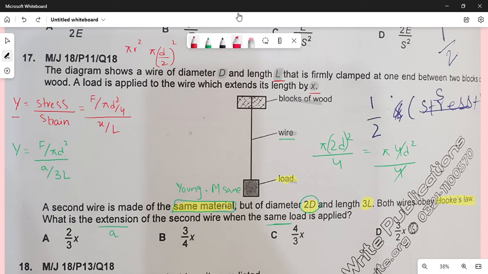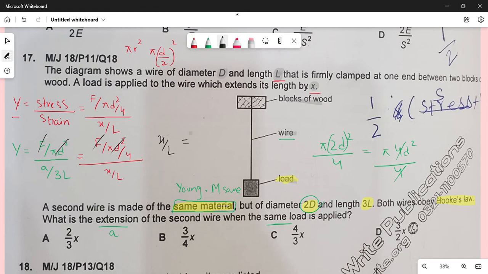I can write it as F over pi d squared over 4, over x over L. The F and F cancel out, and pi d squared and pi d squared cancel out. Now we can take x over L here.